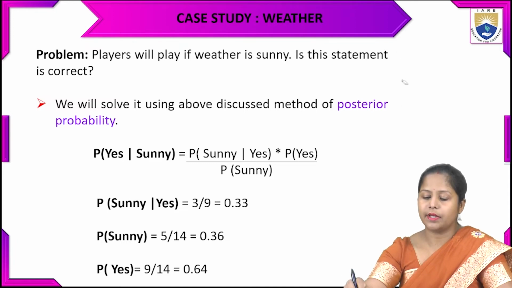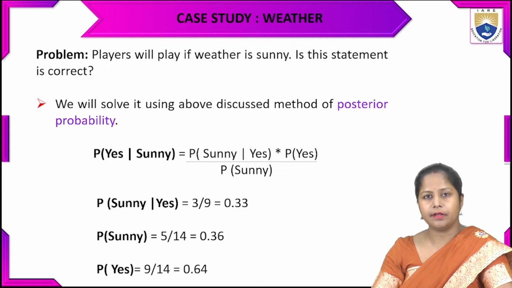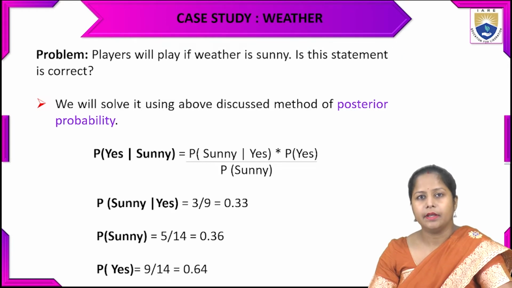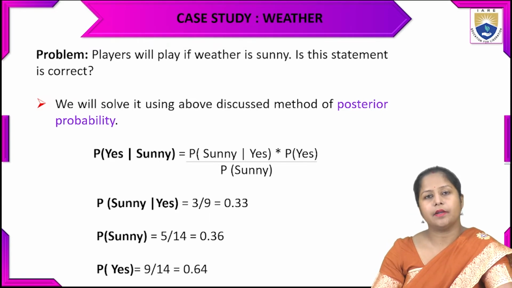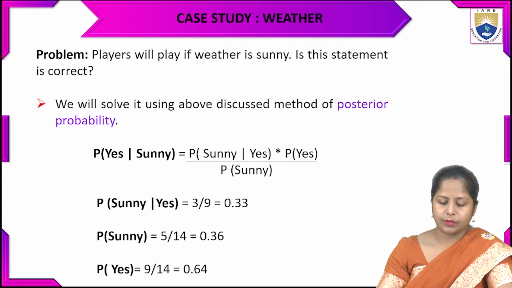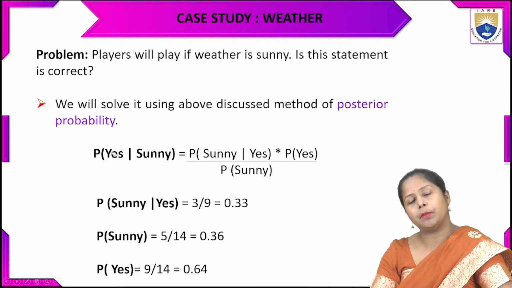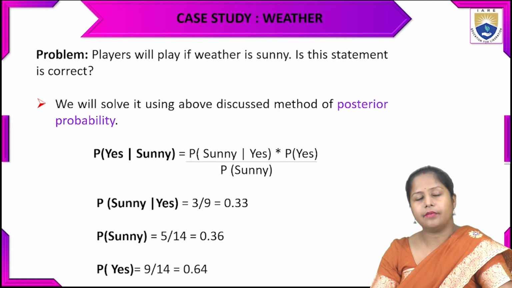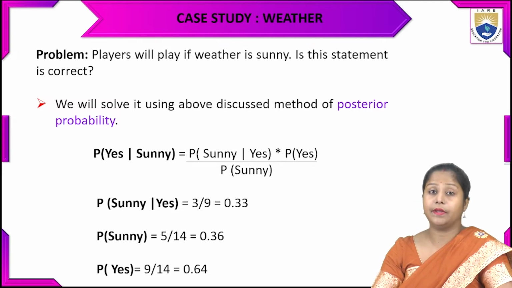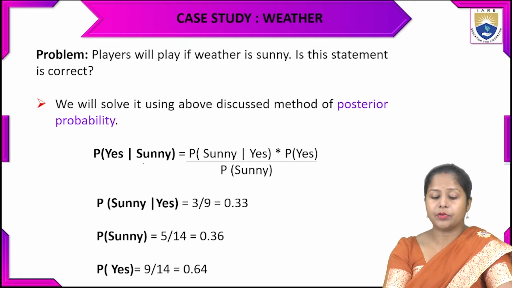So we will solve it using the posterior probability. So the posterior probability formula is P A given B is equal to P B given A into P A divided by P B. So that is the first and second event. So if we have to calculate P yes given sunny, so if class is yes and weather is sunny, so if the player is going to play or not, what is the probability? So we will calculate the posterior of that.